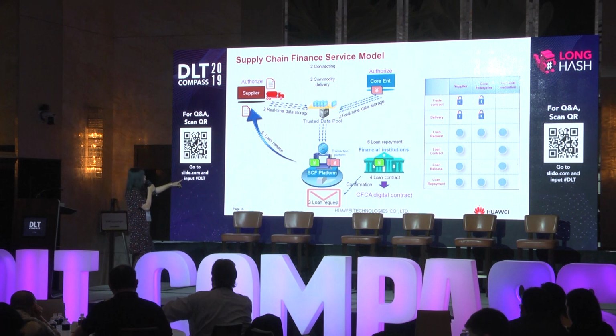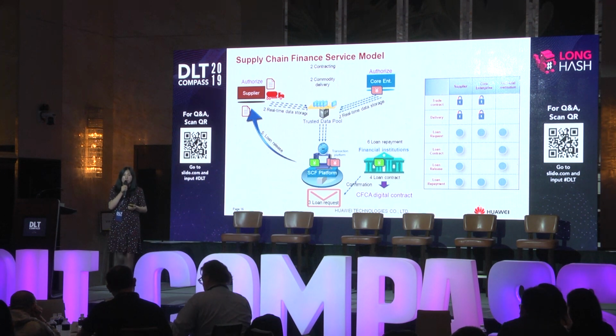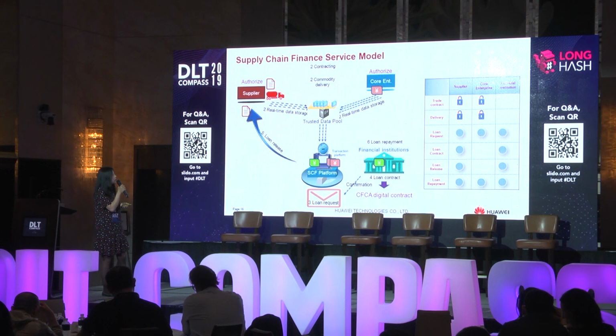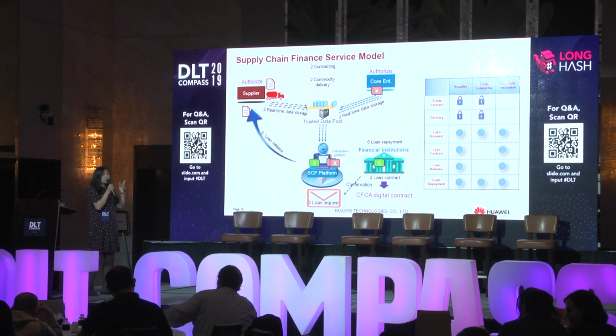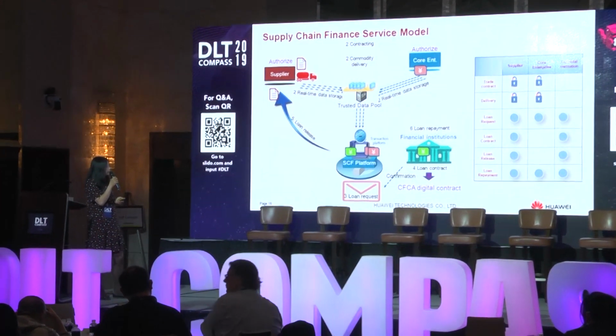I mean, the second chain, as I just mentioned, is a finance management chain. So you can see step 3 involves the supplier, core enterprise, and financial institution. The loan request we get from the first chain and push the data to the second chain.